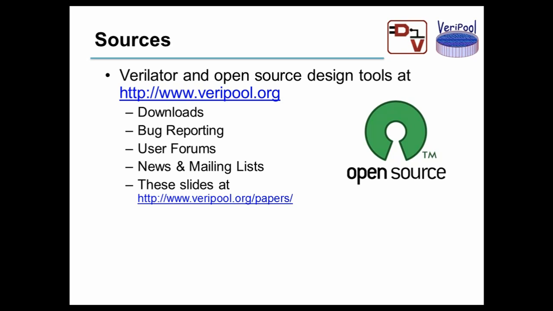However, you can't offer for sale something that has basically the internals of Verilator without contributing that source back. If you're going to really offer a commercial tool that has the internals of Verilator, you really need to ask a lawyer, and obviously we would like to have people contribute back.